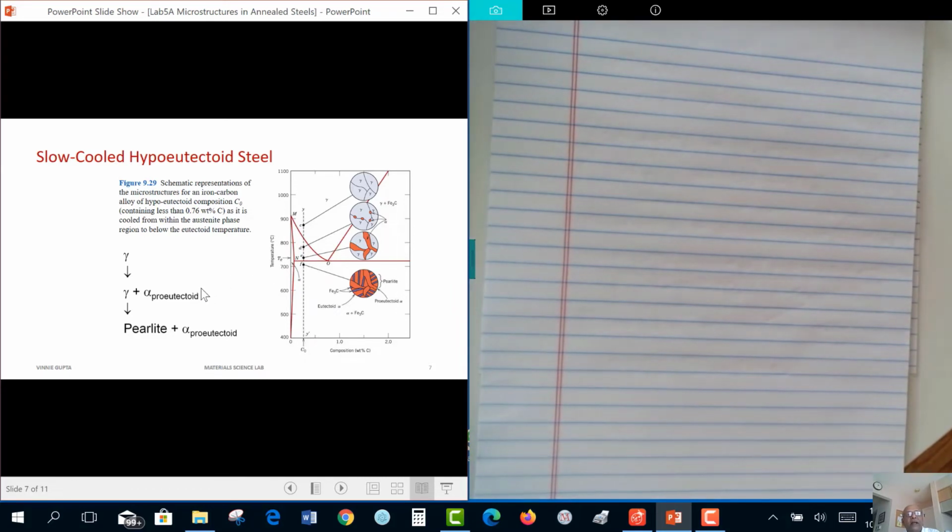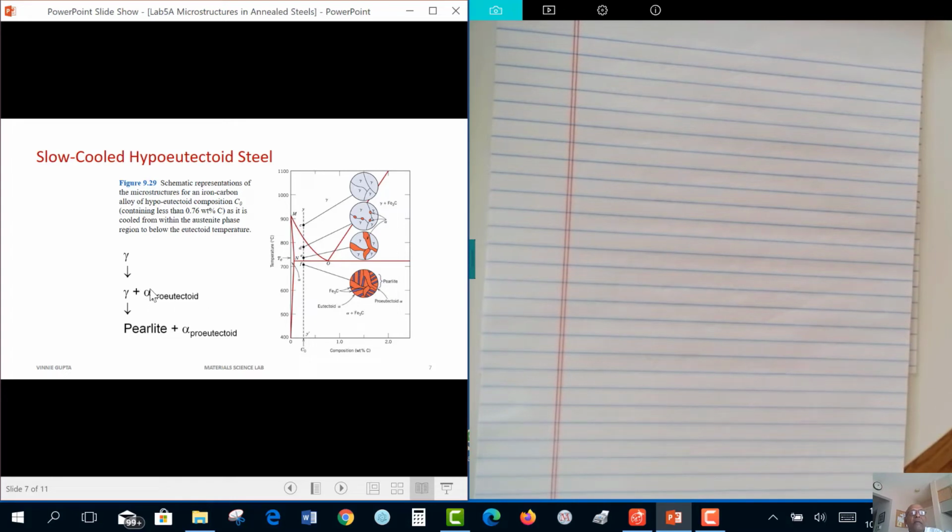The alpha that we get here is called pro-eutectoid alpha. It formed before the eutectoid temperature was reached. So now we have two phases. And notice right above the eutectoid temperature, this gamma would be of eutectoid composition. So as soon as we cool it slowly, just below the eutectoid temperature, this gamma is going to become entirely pearlite.